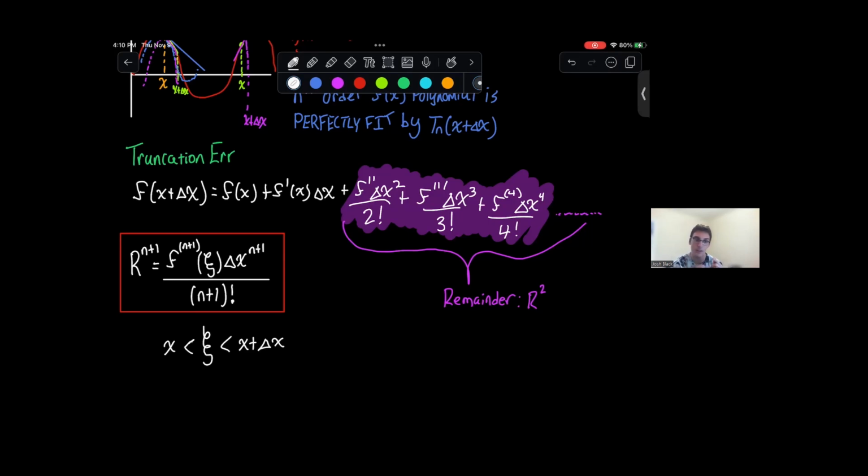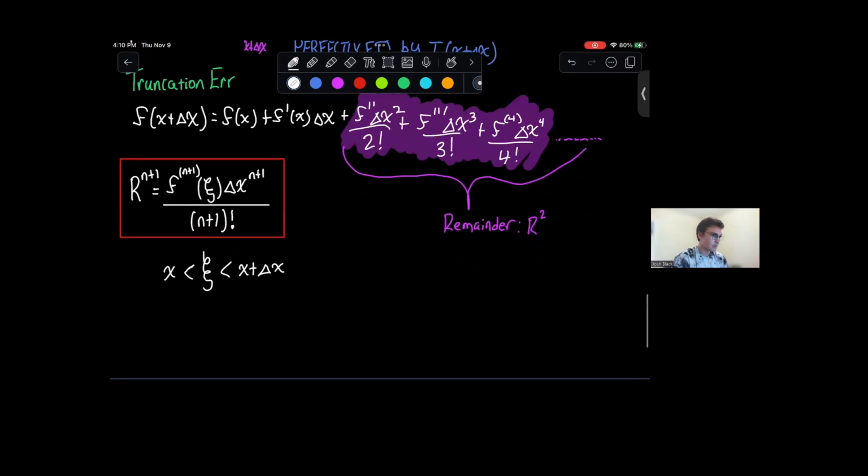So why would we evaluate a derivative at something outside of that? It makes no sense. So this is pretty cool because we can find an upper bound to our remainder. We can find the maximum value our remainder is going to be. We can find the biggest value of that.